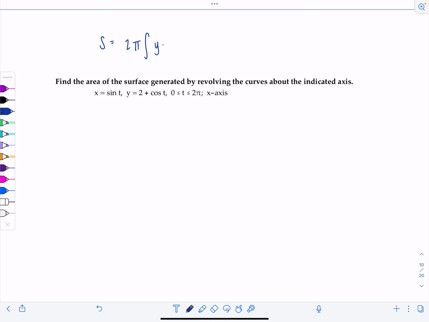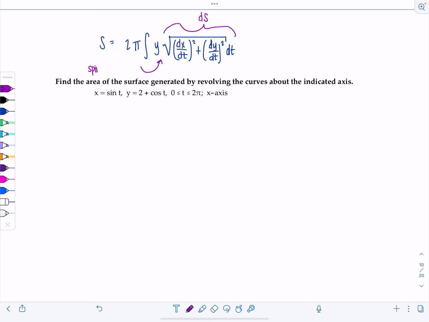You can call it ds, or you can call it the square root of (dx/dt) squared plus (dy/dt) squared, dt. You'll see it more in Calc 3. This is called ds. So you have the y here if you spin around the x-axis.